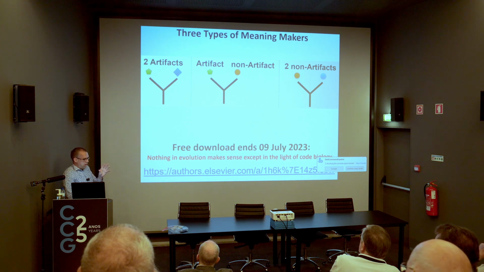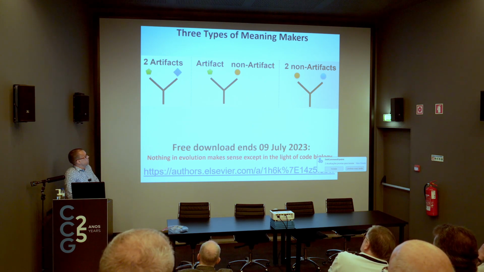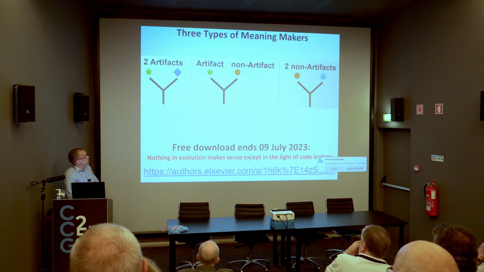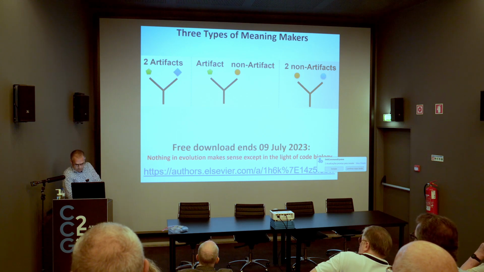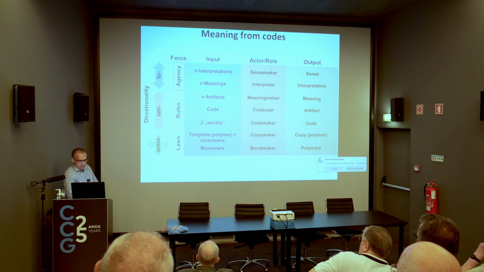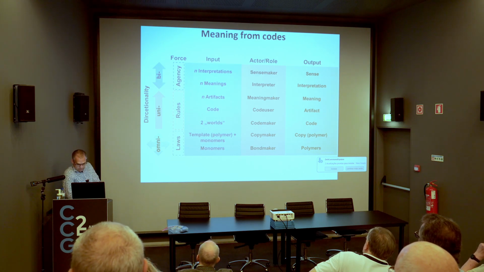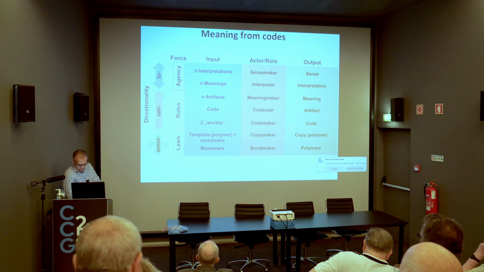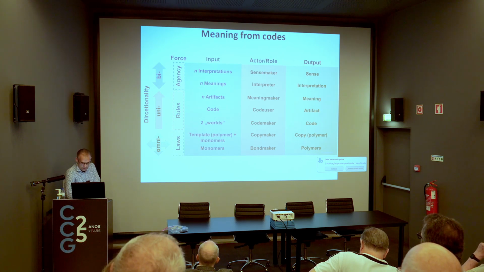So there's really a new dimension to consider in how meaning can be derived, or the possible pathways to meaning from codes and artifacts, because artifacts are the first non-biological molecules here.